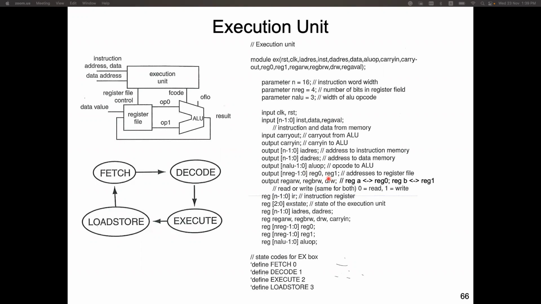We have 4 bits of this register address, and only one of them is high at a time. So this is the addressing. So the length is N register. It's 4 bits, but only one of them is high.